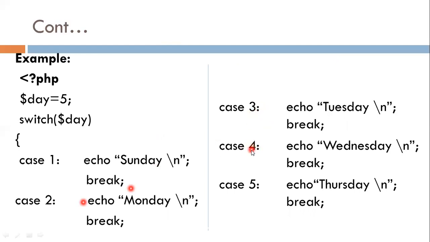Then go to 4; 4 and 5 are again not equal. Then go to case 5. Here 5 and 5 are equal. Then the statement within the case block is executed. So Thursday is displayed, and after that the break statement comes. So the control will come out of the switch block.